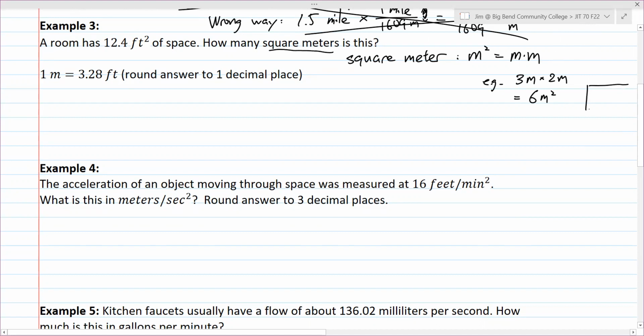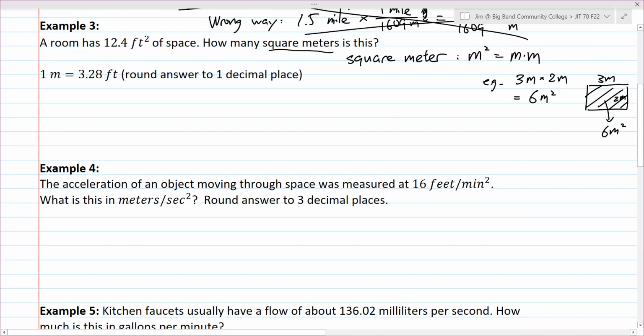And then visually, you're going to have the dimension like that. This is your 3 meter length, and this is your 2 meter width. And then the area is exactly the shaded area you're seeing. And that area is exactly 6 meters squared. You multiply two numbers and you get the meter squared for your result.